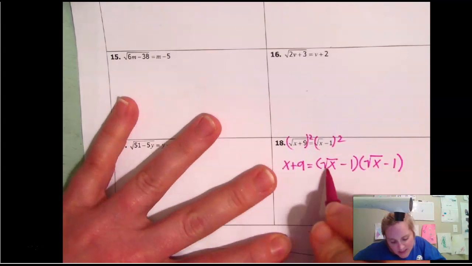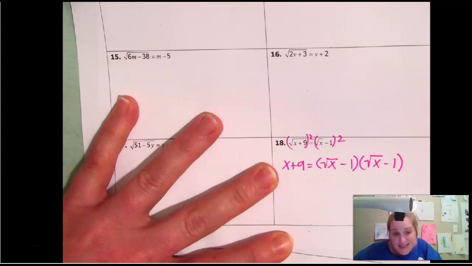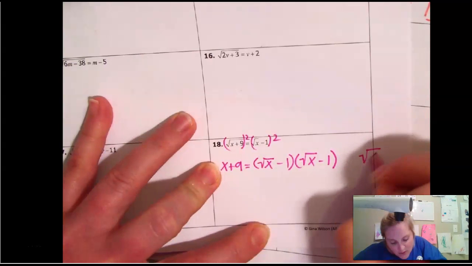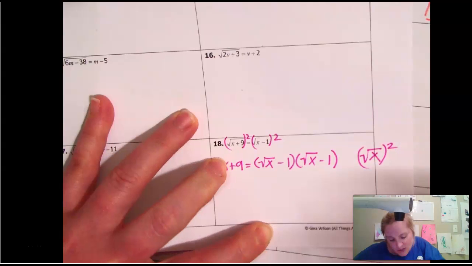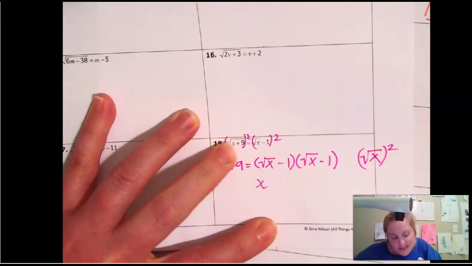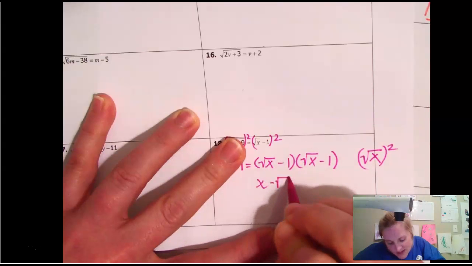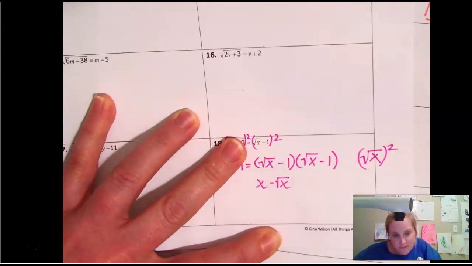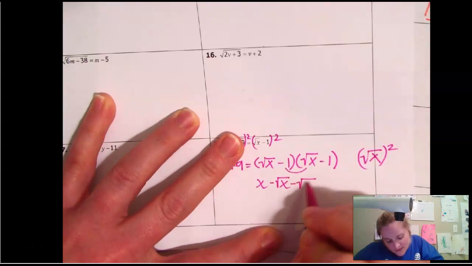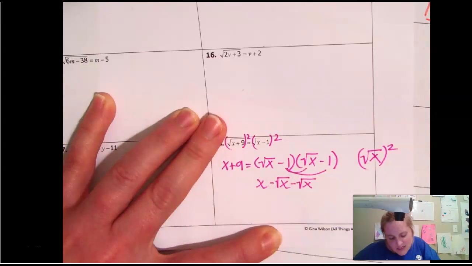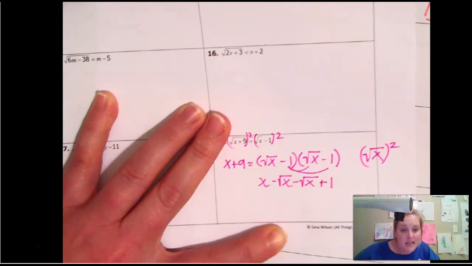So that means I have the square root of x times the square root of x, so that would be the square root of x squared, which means it's just going to cancel out, so that would just be x. Then we have the square root of x times -1, so that's going to be the negative square root of x. -1 times the square root of x is again negative square root of x. -1 times -1 would be positive 1, because a negative times a negative is a positive.